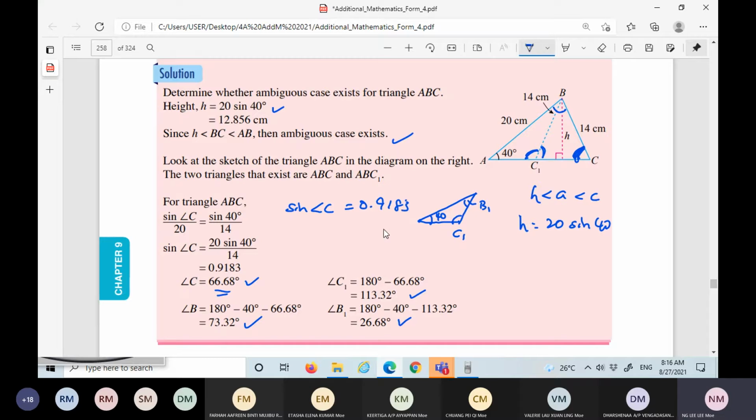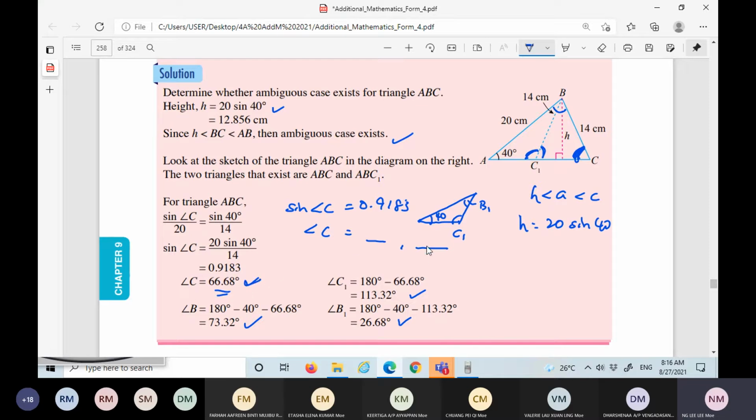When you learn trigonometry, I'm not sure about Form 5 modern maths whether they will mention this or not. But for Form 5 additional maths, when you learn trigo again, you will know that when sine C is equal to a positive value, your angle C will have two answers, not only one.